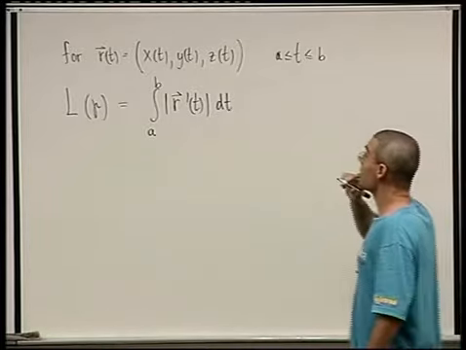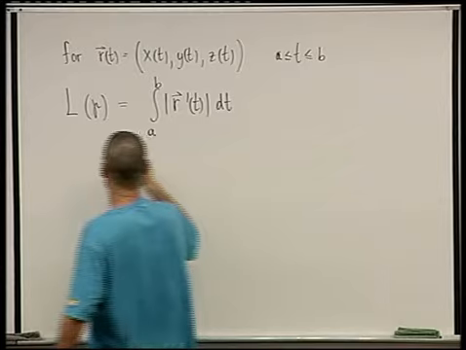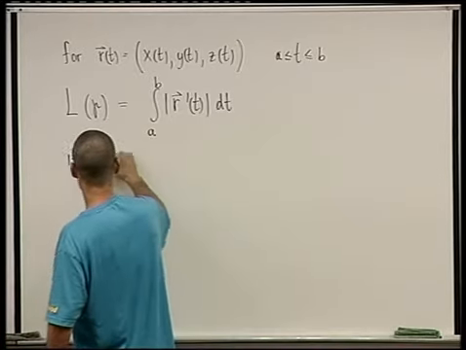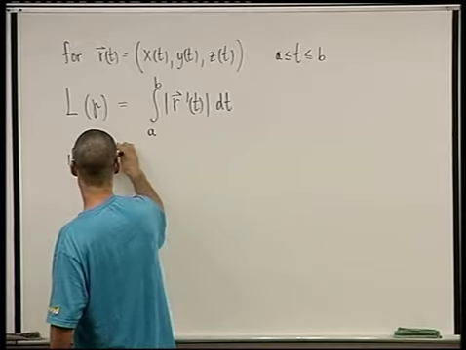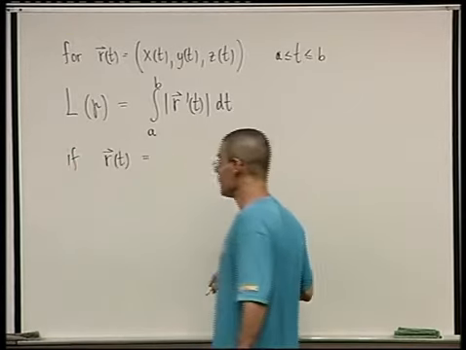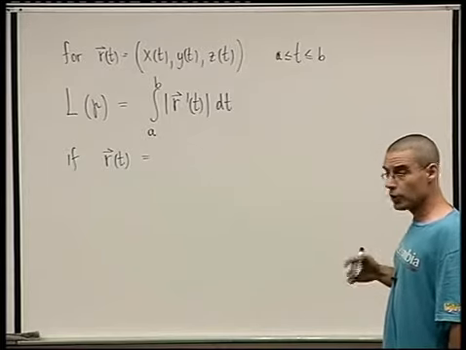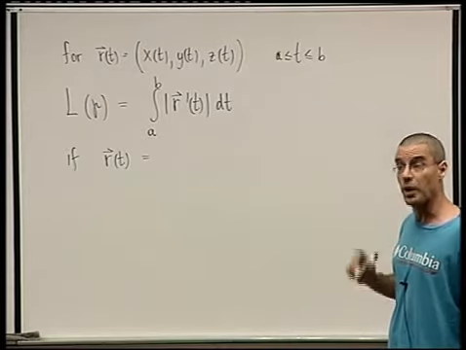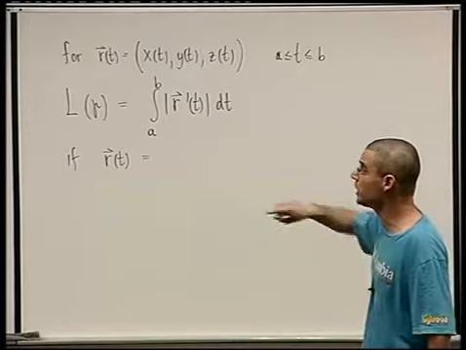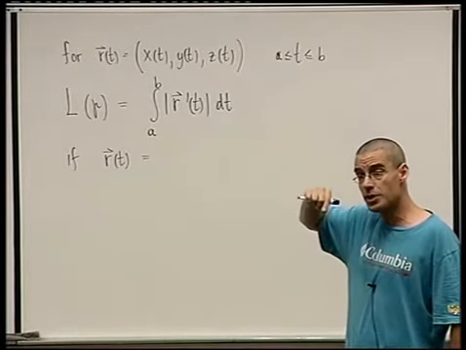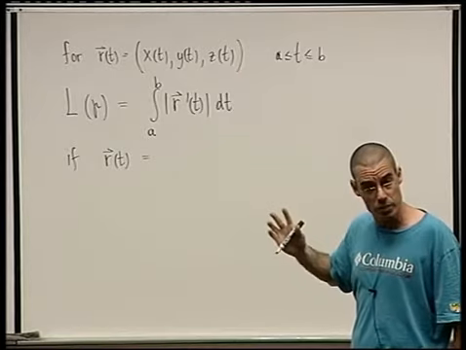And if the parameterization is given in terms of a function of one variable, if we're measuring not just a general curve in three-dimensional space, but a curve which is the graph of a function, we can do that, right?